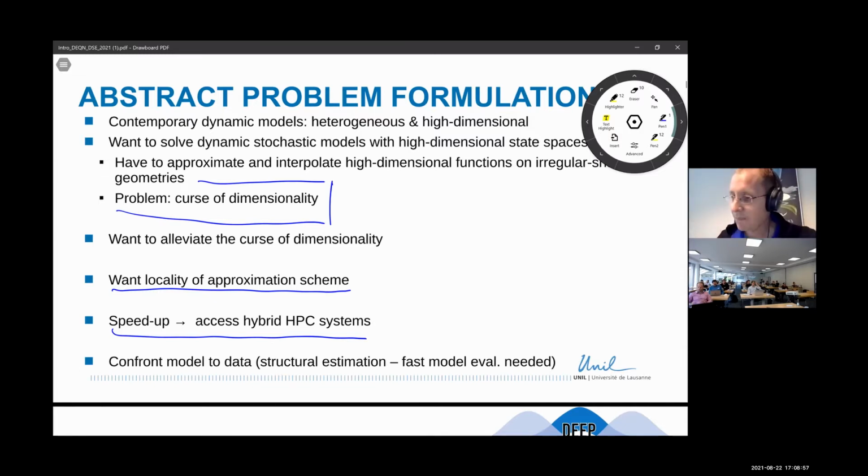And then finally, we would like to have a tool that can be confronted to data. And as I said earlier, the solution process is one thing, but if you want to estimate the model, you also want to be able to query a solution fast. So this is the abstract requirement we have to tackle the problems mentioned.